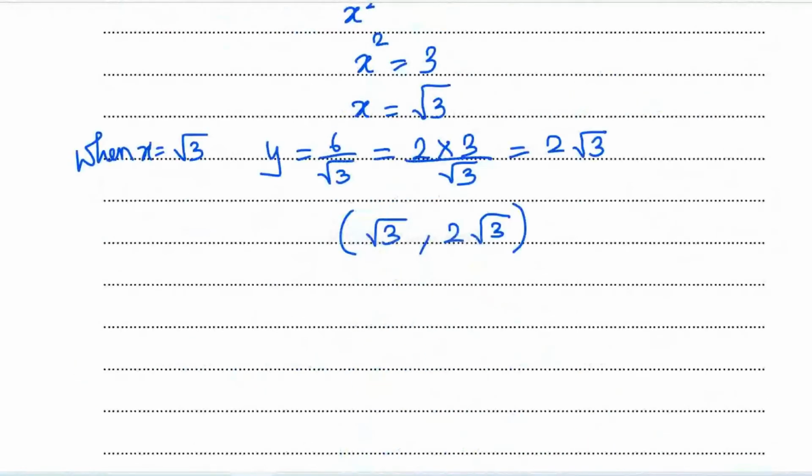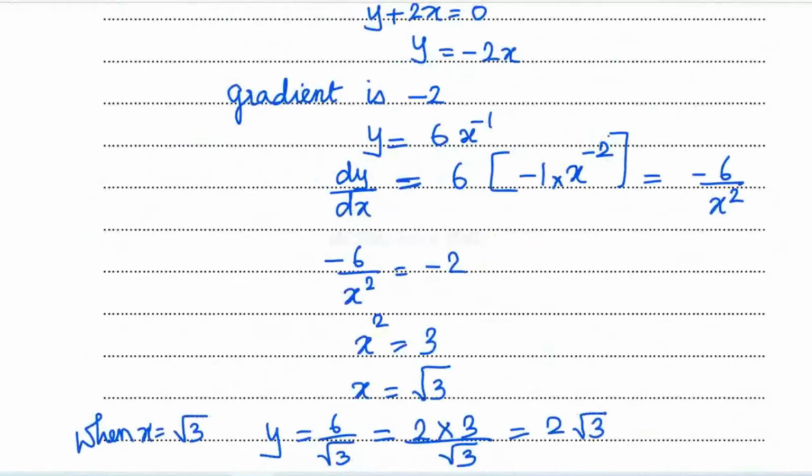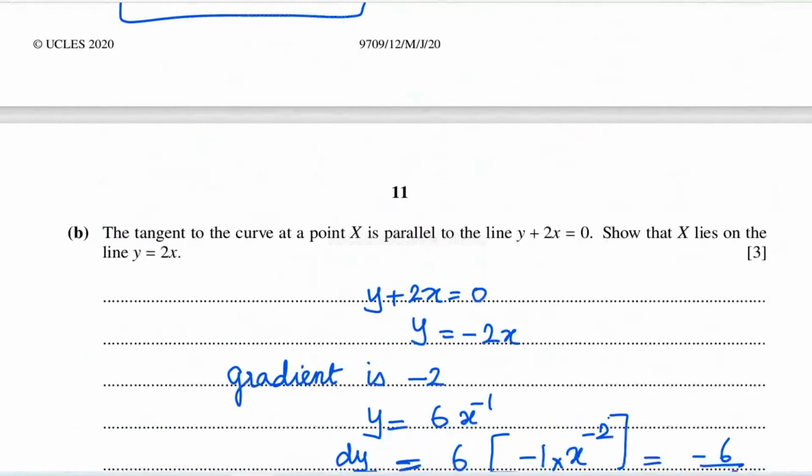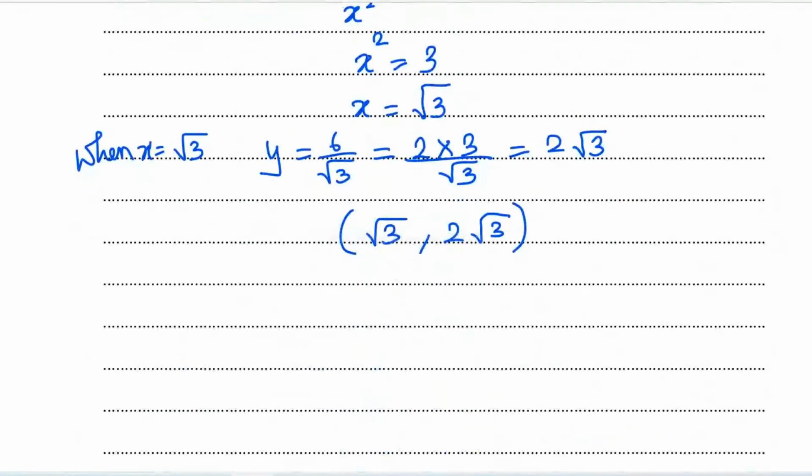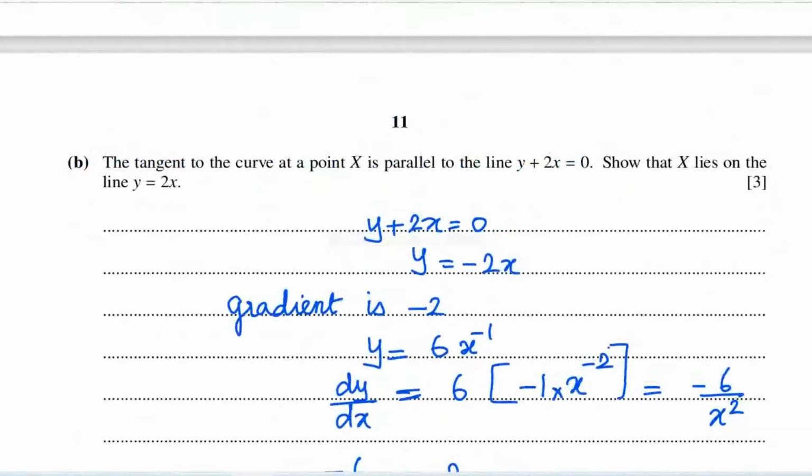So now we need to show that x lies on the line y is equal to 2x. So now we have to show this point satisfies the equation y is equal to 2x.